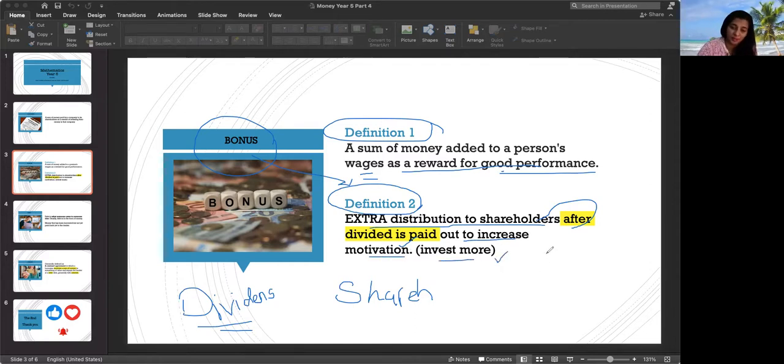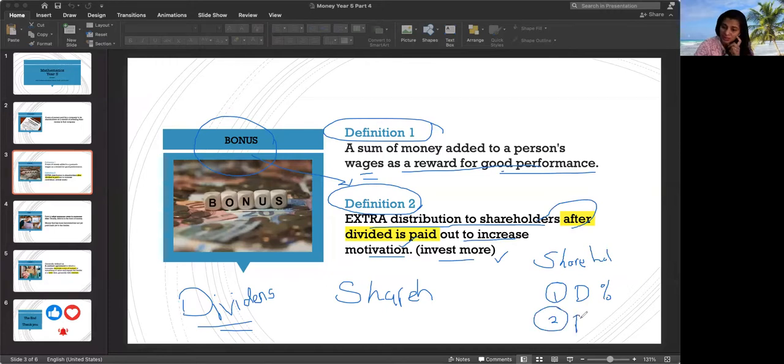Of course, it can also be the other way. Bonus is not something that must be given. If they have the money, if they have made a good profit, they can give you two things. If you're a shareholder, they can first give you a dividend, a certain percentage, or they can even give you a bonus.